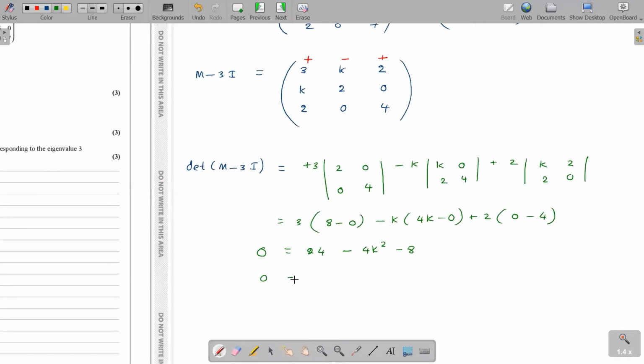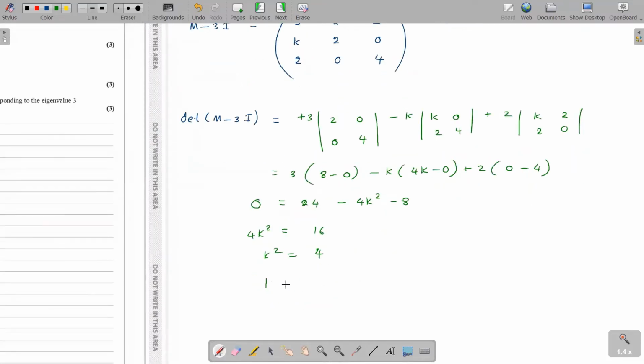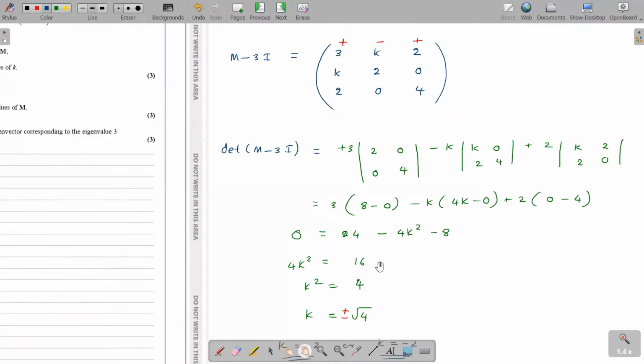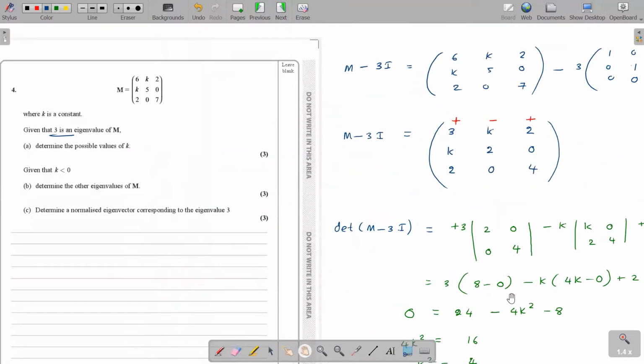So I get 0 equals 4k squared plus 24 minus 8, which is 16, so 4k squared equals 16, and k squared equals 16 divided by 4, which is 4. So k equals, when you root it, it's not just root 4, it's plus or minus. So k equals plus 2 or k equals minus 2, because they say determine the possible values in plural. So the possible values of k are plus 2 and minus 2.